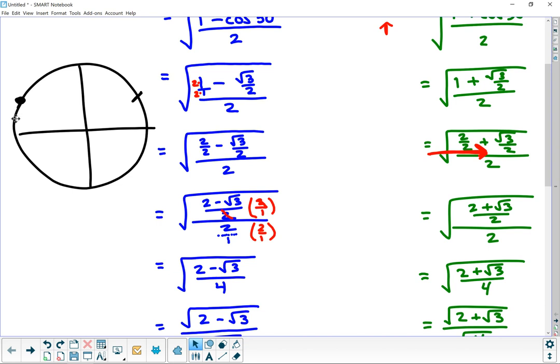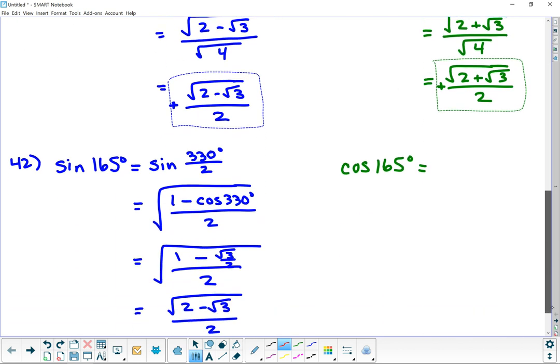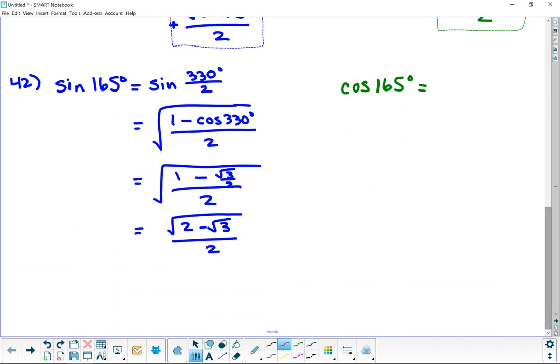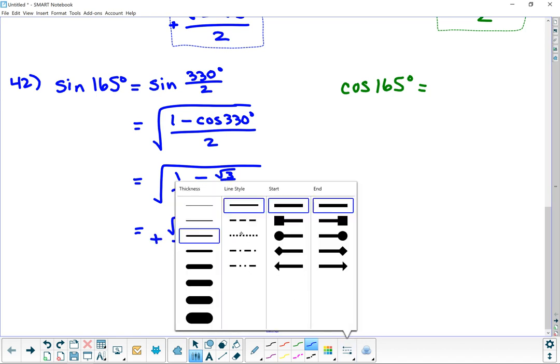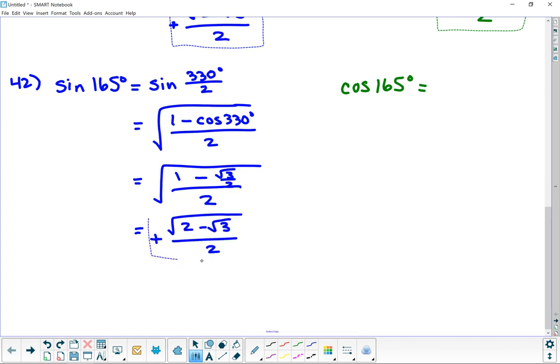So 165 is somewhere in between there. Okay. So if I have a sine, to get to this spot, I actually have to go up. So this would be the y value. So it's positive. So my answer, and I'm using my previous problem as part of my solution, is going to be a positive radical 2 minus radical 3 over 2.